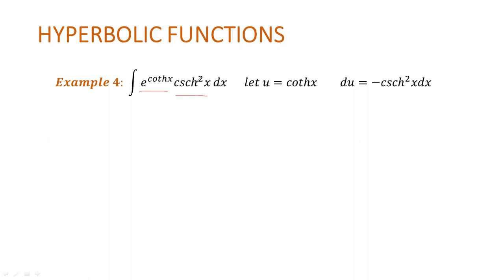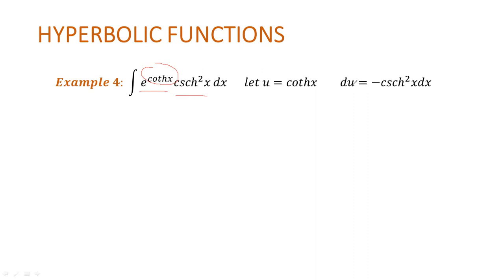Now, since this cannot be integrated, we will check whether this exponential function could be. So if the e raised to the hyperbolic cotangent of x will be our main function, then it is a requirement that we should have the derivative of this hyperbolic cotangent of x, which we know is the negative of the hyperbolic cosecant squared of x.